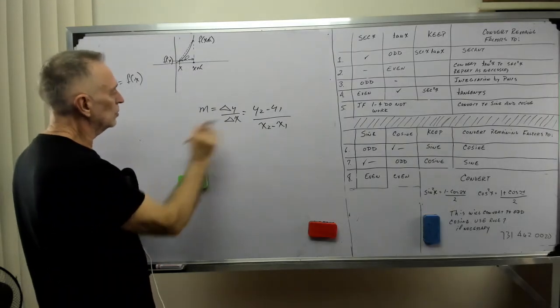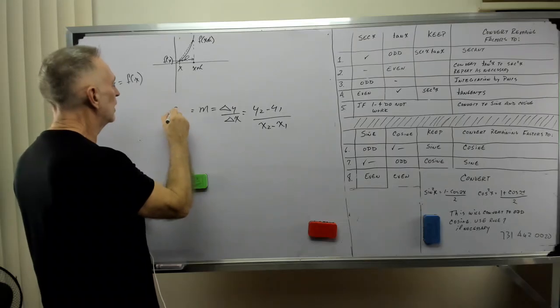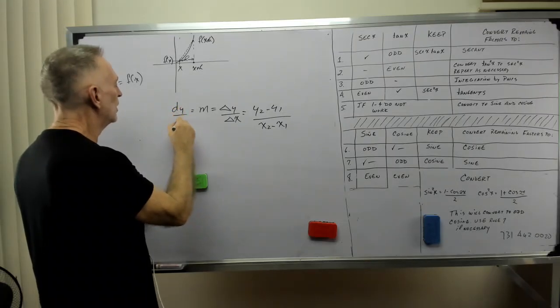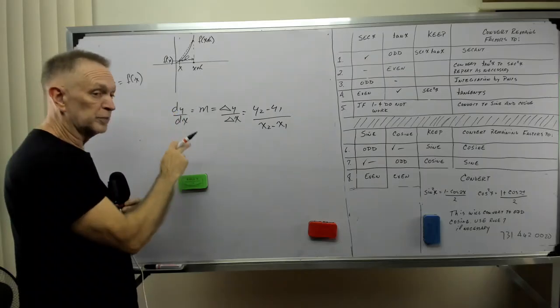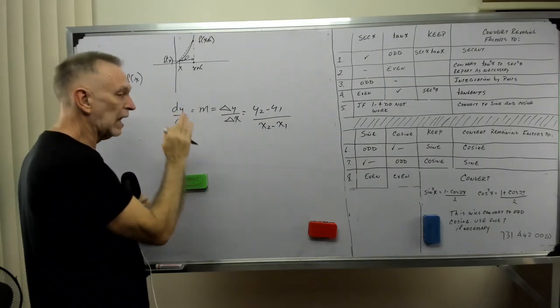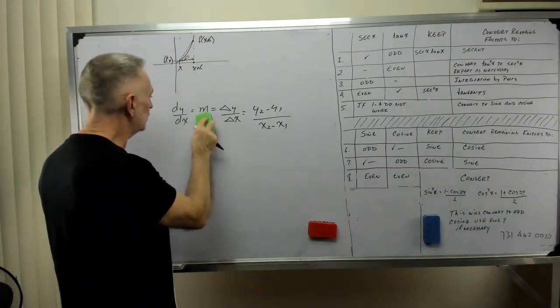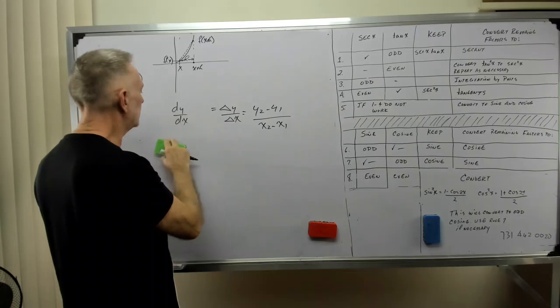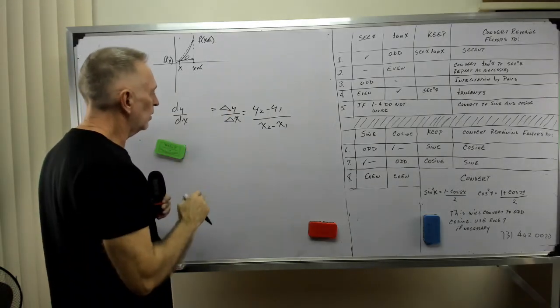So what does that look like in terms of my slope? Now my slope, dy dx, the derivative of y with respect to x, is the slope from a calculus perspective. So now it's not just m anymore, but dy dx. It lets me know still the change in y over change in x.